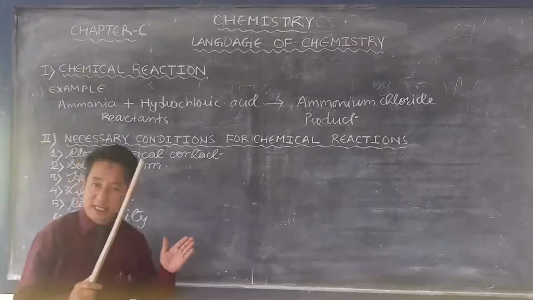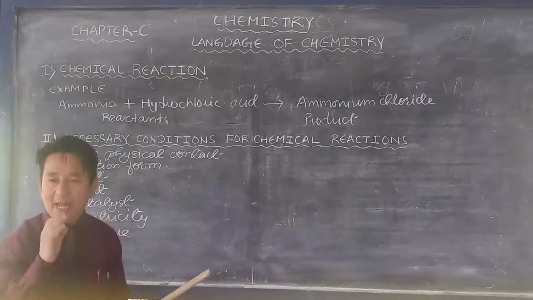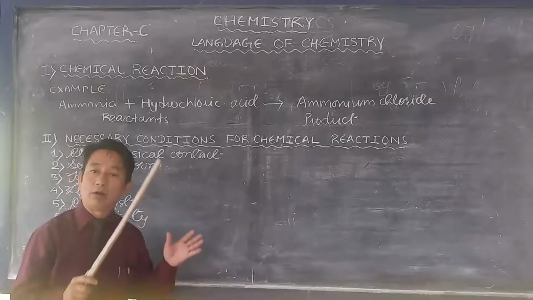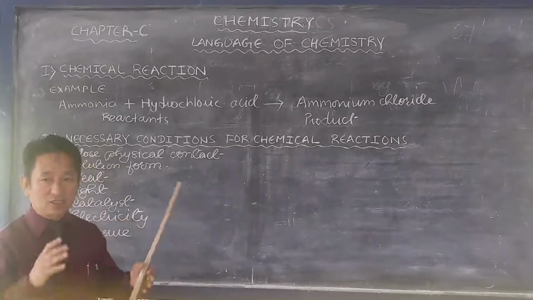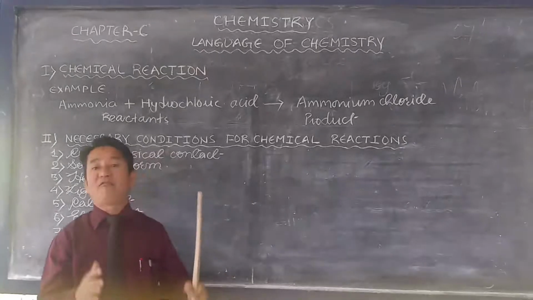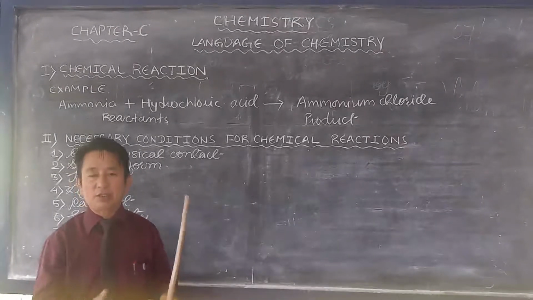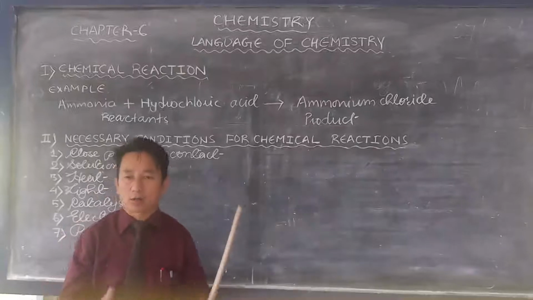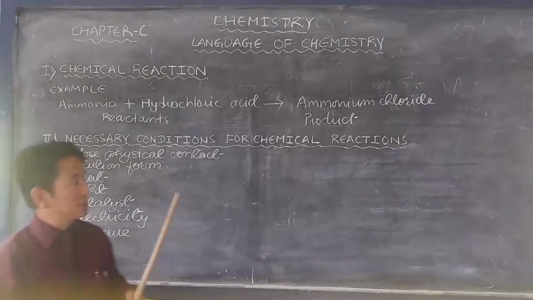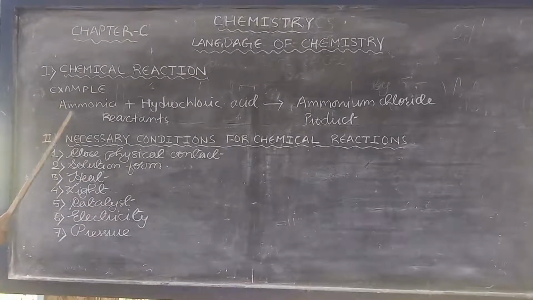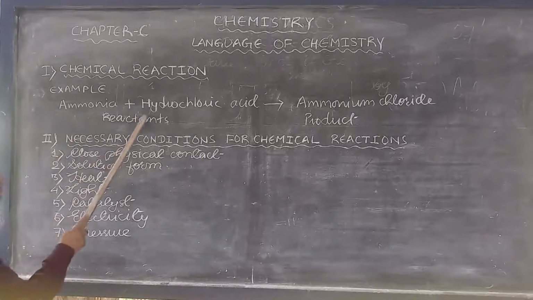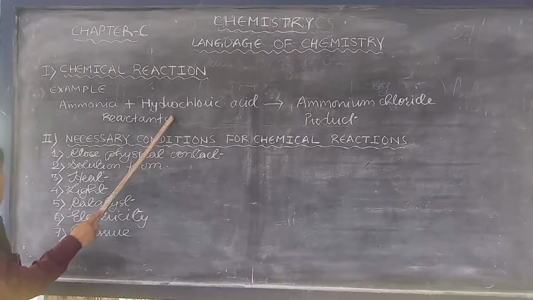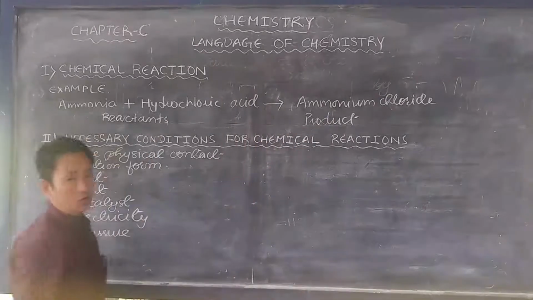Substances that take part during a chemical reaction are called reactants, and the substances that are formed as a result of the chemical reaction are called products. As you can see here, for example, ammonia, when it reacts with dilute hydrochloric acid, gives ammonium chloride.